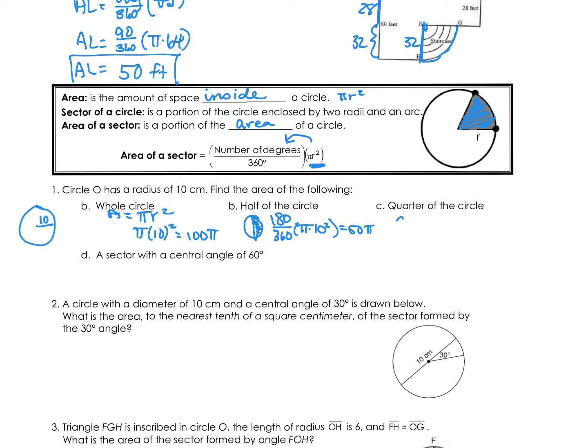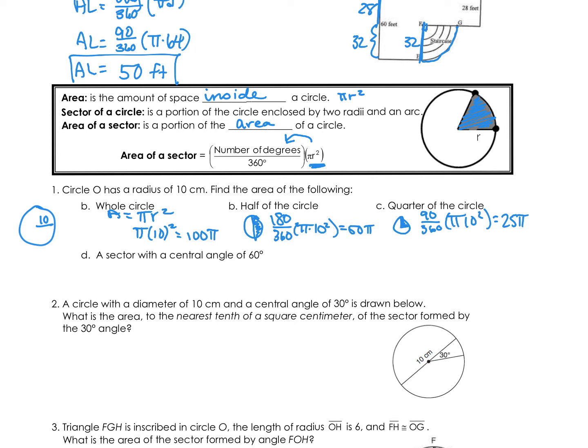If I only want a quarter of the circle, that's going to be 90 degrees out of 360 times pi 10 squared. And that's going to be 25 pi.